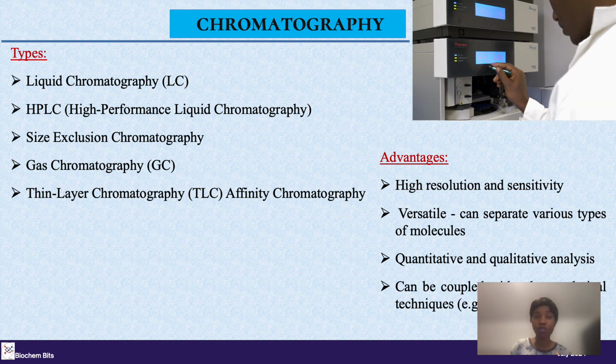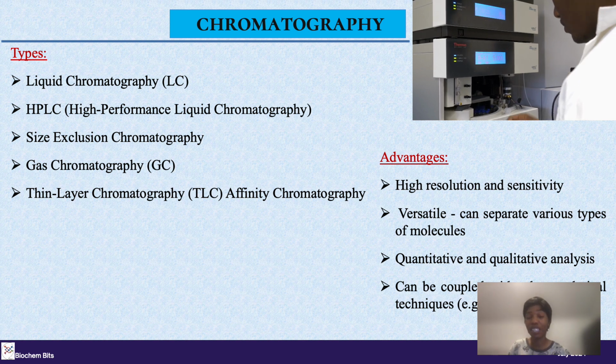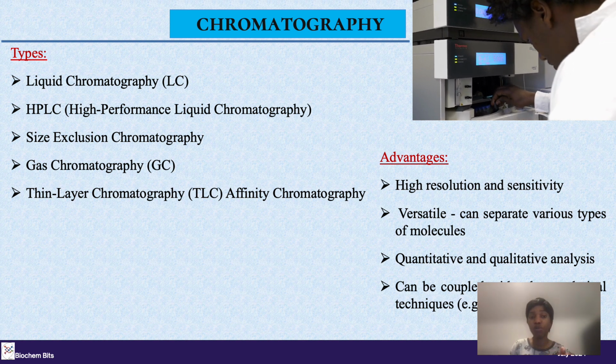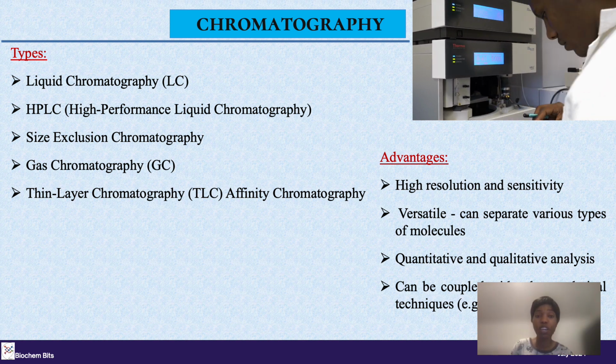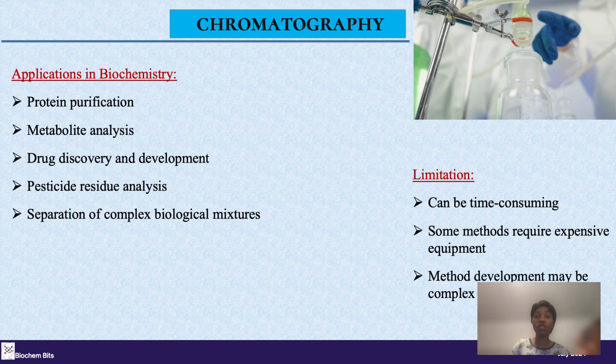So if you're looking to analyze both quantitative and qualitative analysis in your experiment, I think it will be better off to pick chromatography because it will give you both findings.